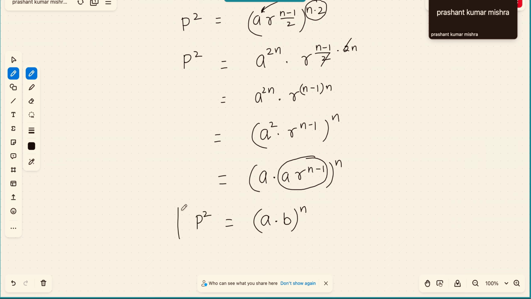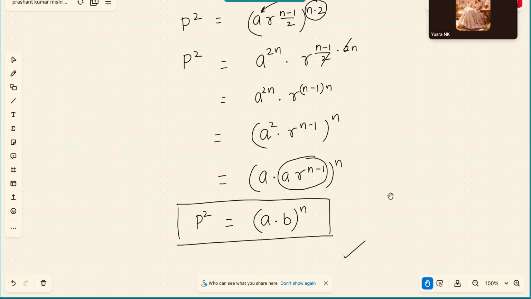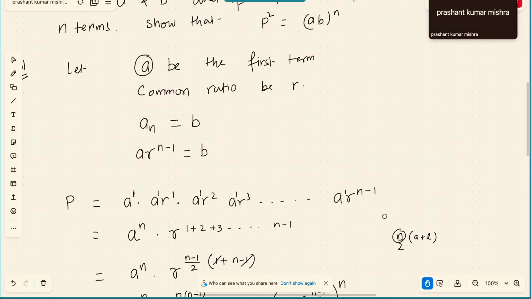So we proved P square equals AB raised to the power n. A little bit of calculation is there, but it's fine.